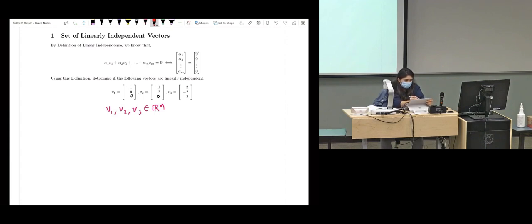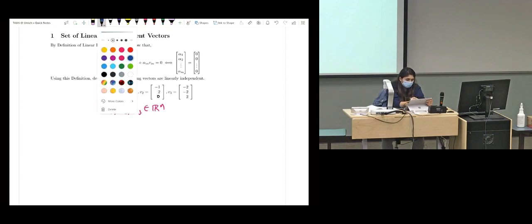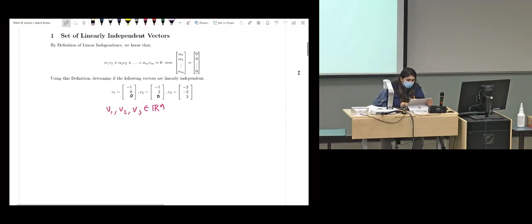So let's put them in our formulation. Let's assume alpha 1 v1 plus alpha 2 v2 plus alpha 3 v3 exists such that all of these add to zero, the zero vector.